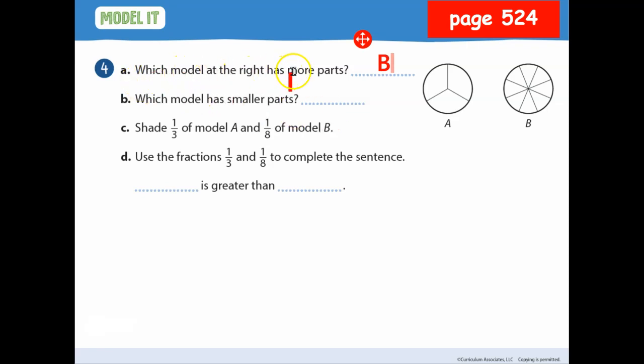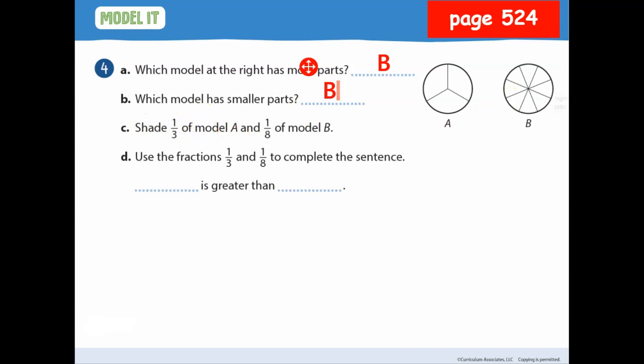Which model on the right has more parts? B does. But which model has the smaller sections? B still does, because A, its sections are a lot bigger.